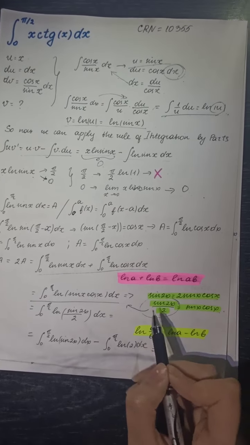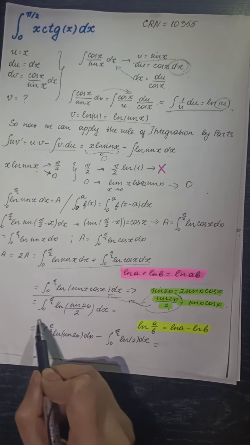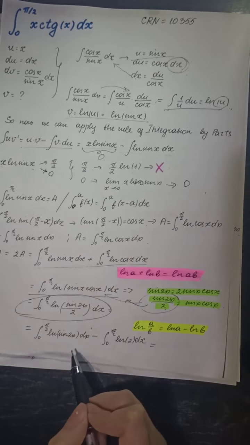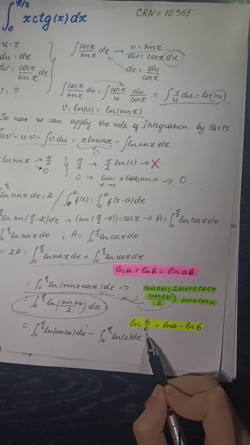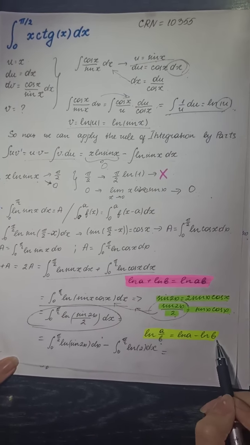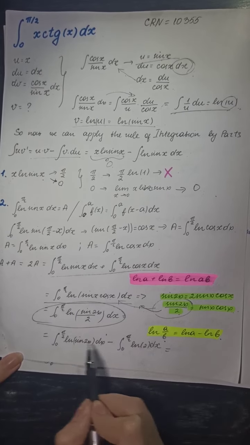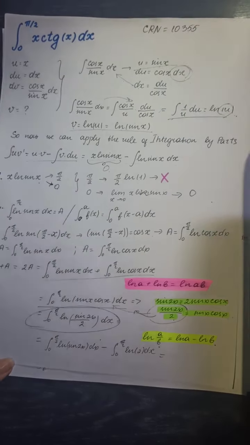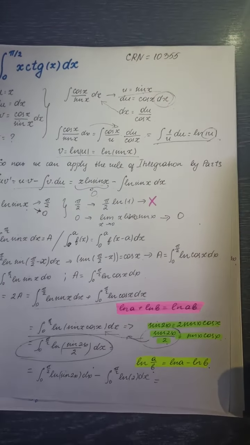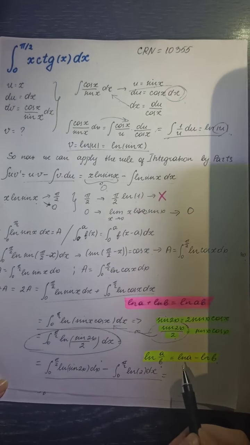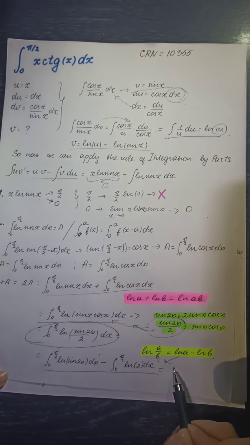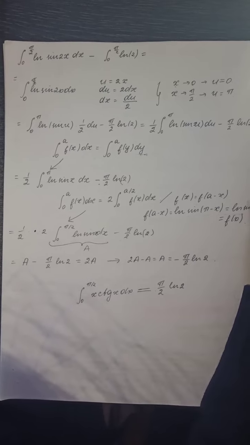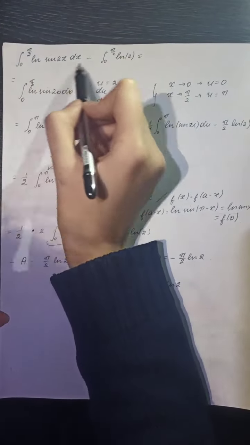And we put this expression right here and find this expression. And then ln a divided by b equals ln a minus ln b. That's why we can separate both parts here according to this rule. And we get this expression right here.